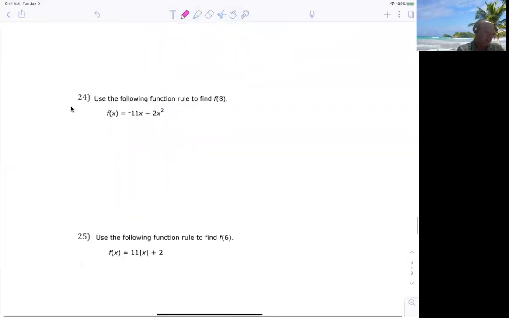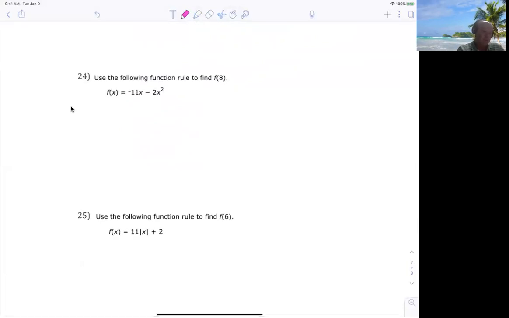Now 24 is a little bit more annoying because you've got to plug 8 in. So f of 8 is equal to negative 11 times 8 minus 2 times 8 squared. F of 8 equals negative 88 minus 2 times 64, doing order of operations.